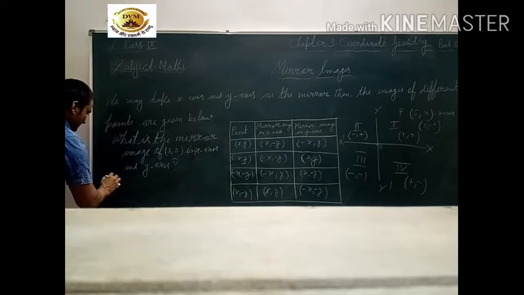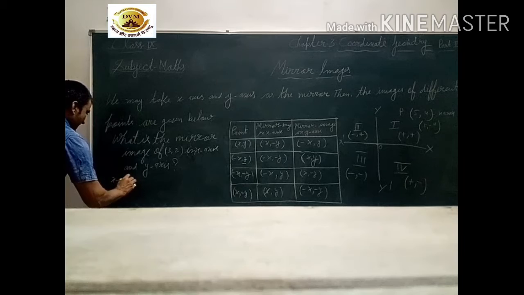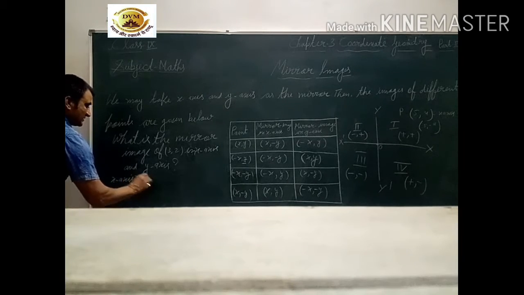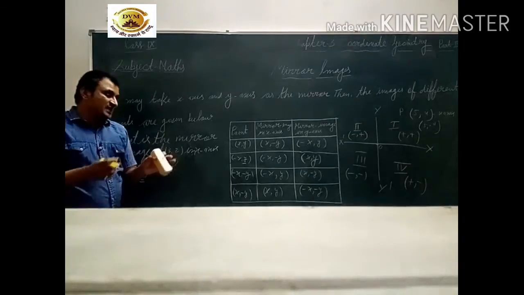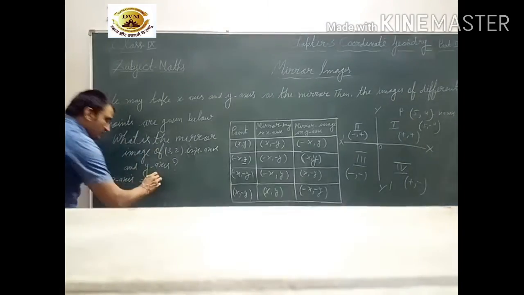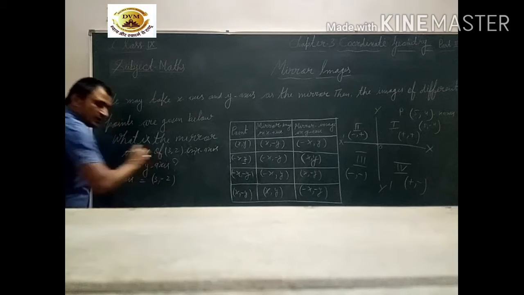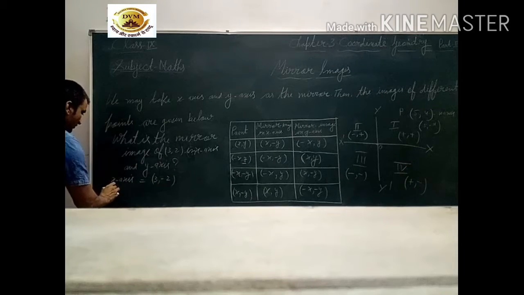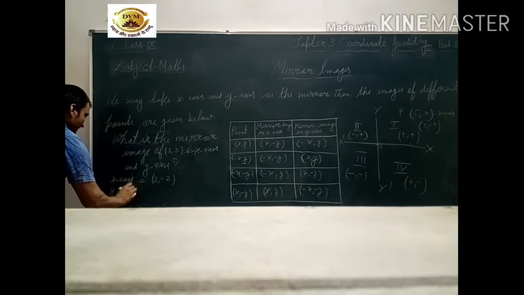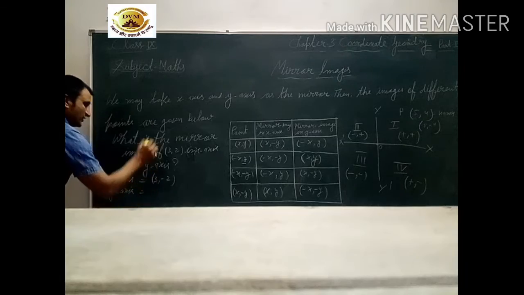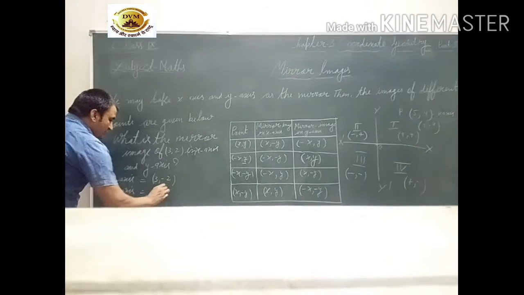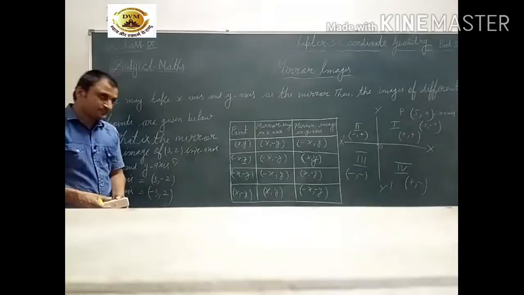In x axis first. The mirror image in x axis means we have to change the sign of the y coordinate. So 3 comma minus 2. Clear? We have changed the sign of the y coordinate, positive converted into negative. Now the y axis mirror image of 3, 2: we change the sign of the x coordinate, minus 3 comma 2. Clear?